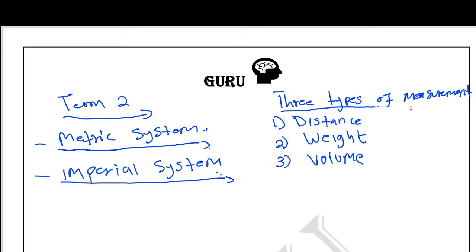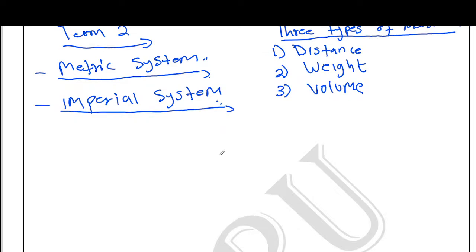I want to talk about the distance. I'll start with the units that we use to measure the distance or the length. Here in South Africa, when we measure the distance, we are going to measure it in kilometers.